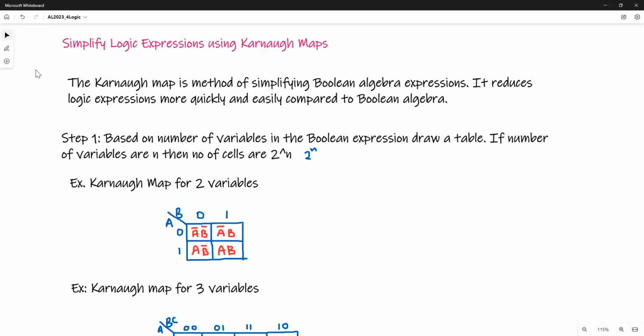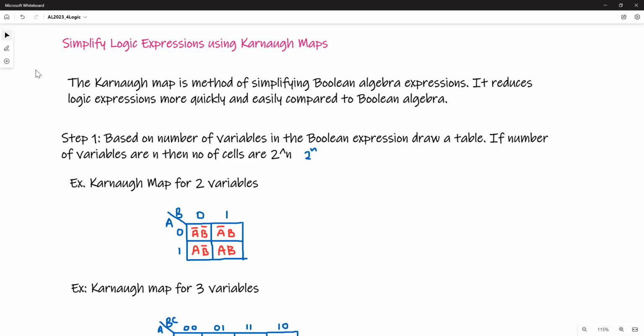So we will learn in this part how we can use Karnaugh maps to simplify logical expressions, and this is easy, right? Especially when you have very complex Boolean expressions, right?